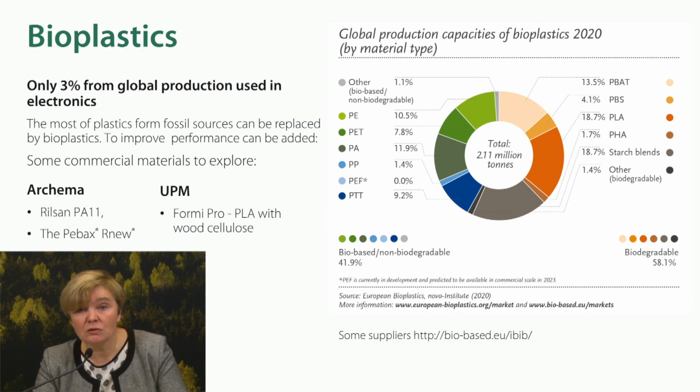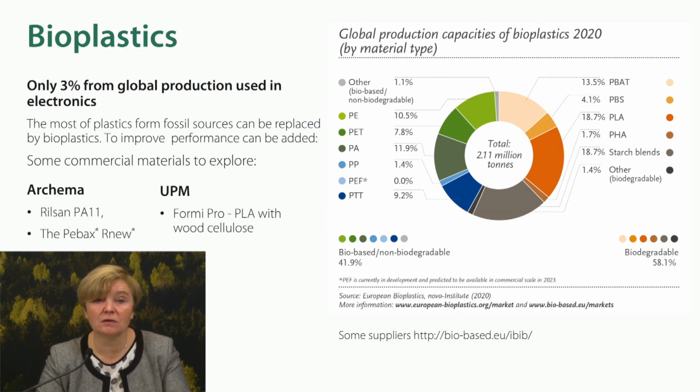In some cases PLA can also be reinforced to give the same properties I mentioned before, especially better thermal resistivity and lower thermal shrinkage or expansion. And as I mentioned, if you want to see suppliers, you can go to the Nova Institute pages. This is Biobased EU, a website developed by them, with a database of the different producers in Europe at least.